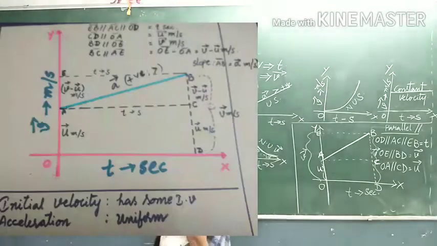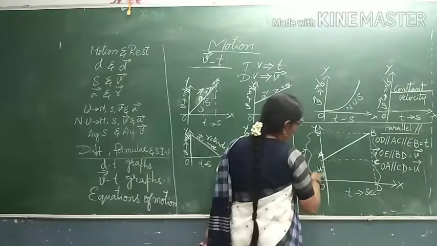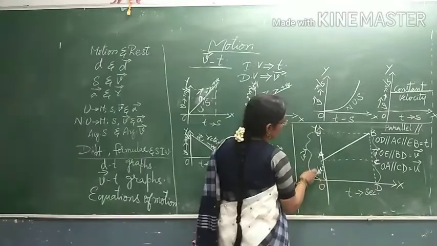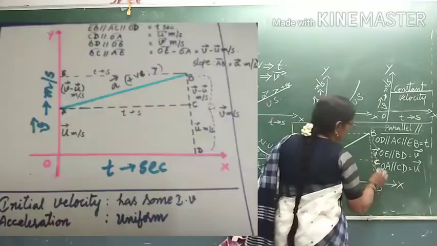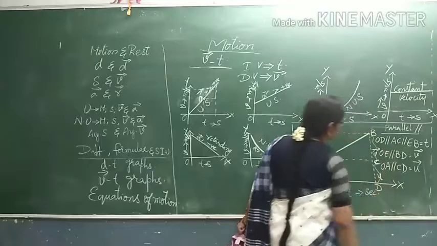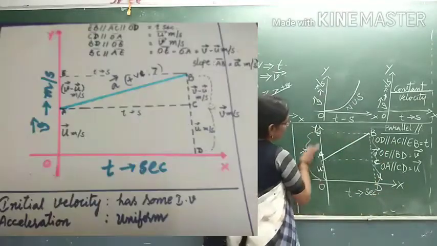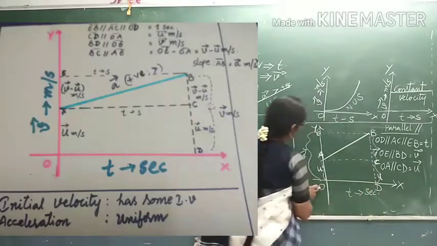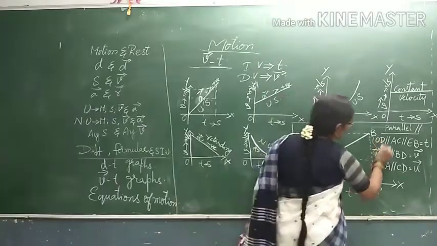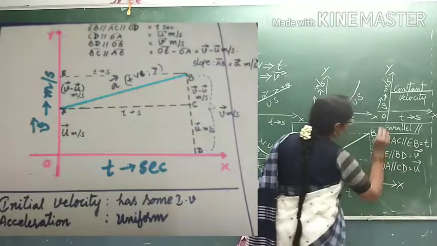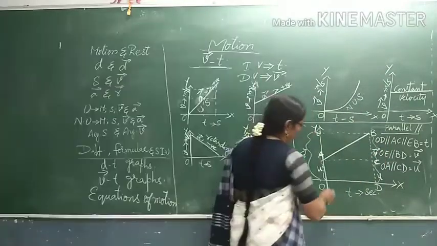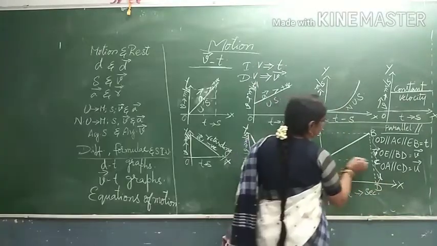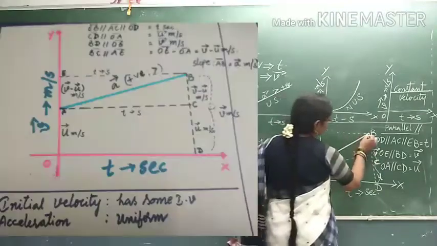Next, OE is parallel to BD, so since OE is V, BD is also V. Now OD is the time axis, and the time axis parallels are AC and EB.